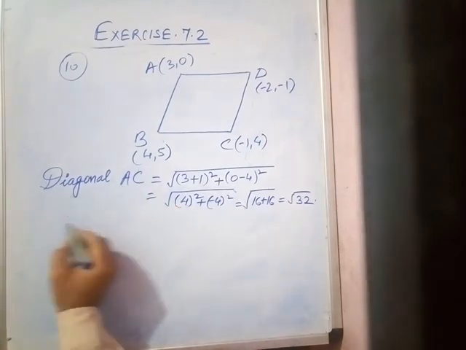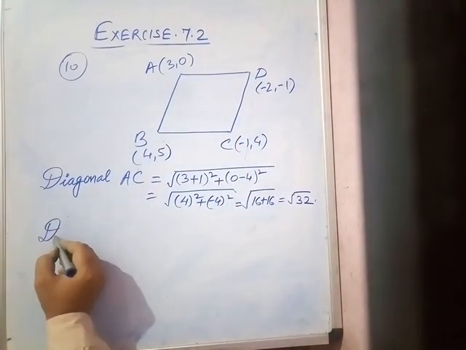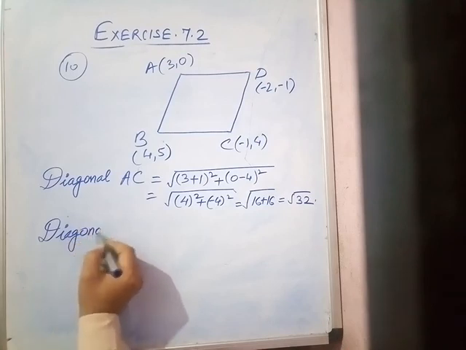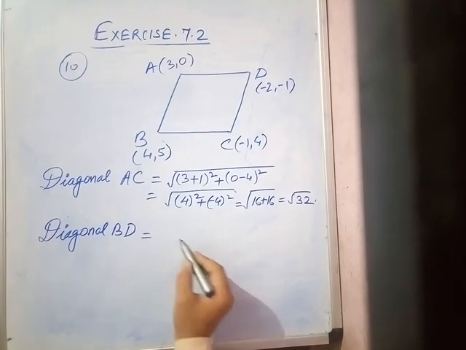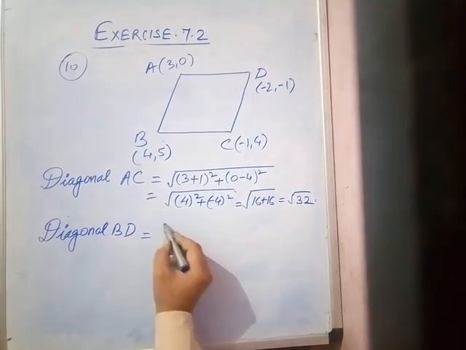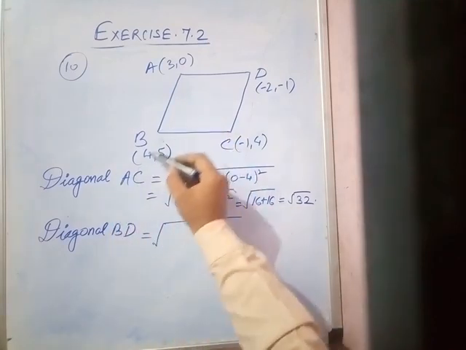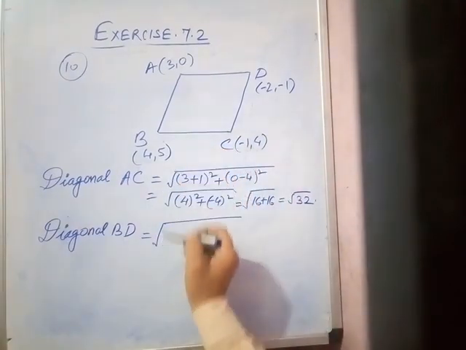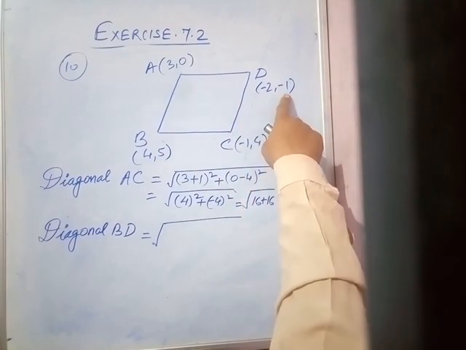Now diagonal BD. Diagonal BD, by the distance formula, equals the square root of (x1 minus x2) whole square plus (y1 minus y2) whole square.